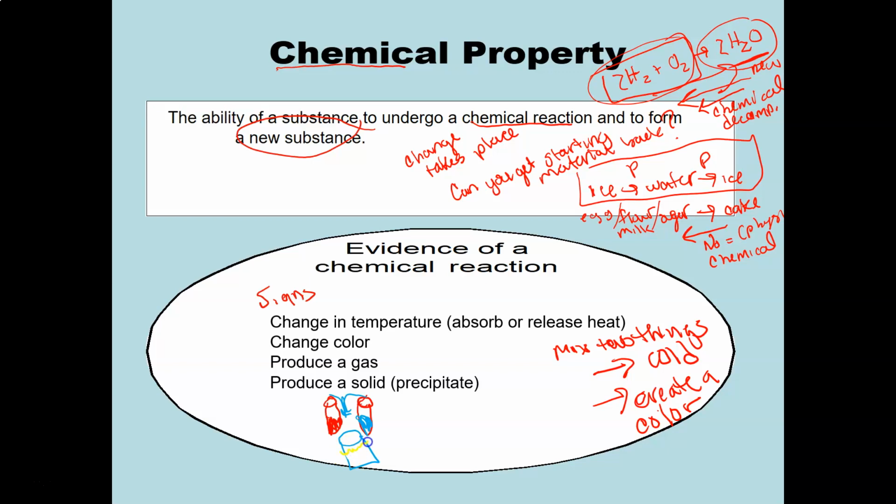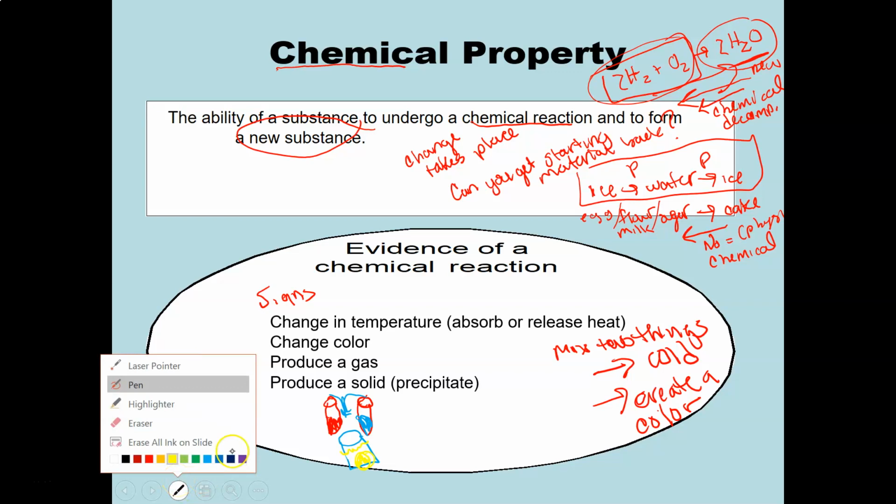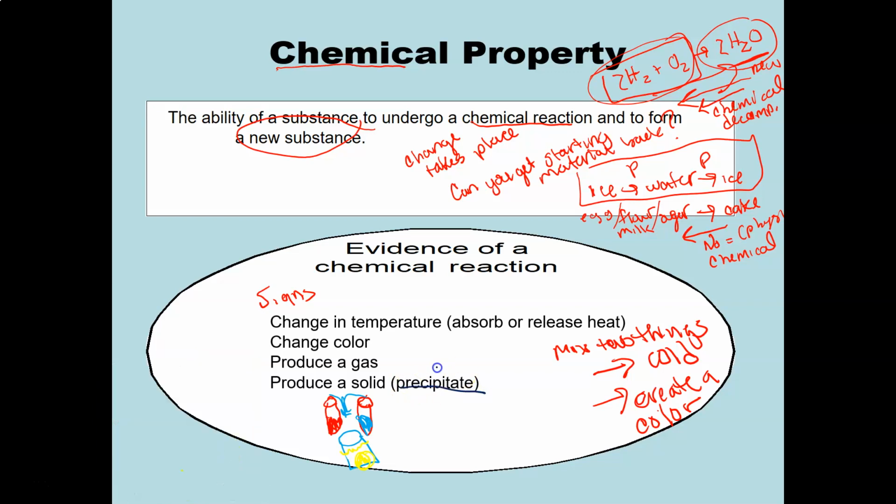I get a clear solution, but on the bottom, I get like yellow precipitate. I had a solid on the bottom. All the color goes away, but then I got this chunky colored solid on the bottom. Right, that's a precipitate. One of the terms you're going to hear often, we are going to talk about this so often, is this thing called a precipitate, a PPT. PPT means you are making something solid.